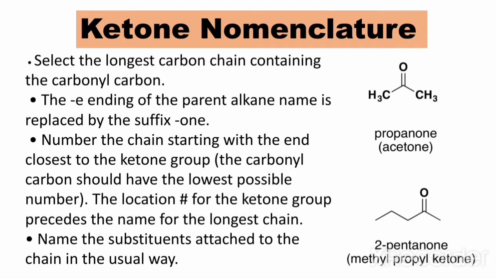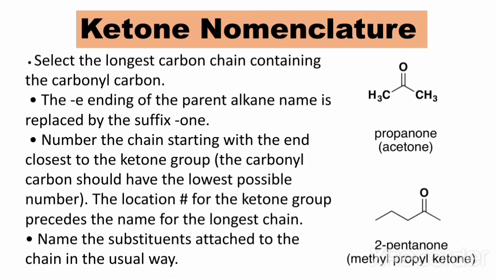And the other is to number the chain starting with the end closest to the ketone group. The carbonyl carbon should have the lowest possible number. The location number for the ketone group precedes the name of the longest chain.